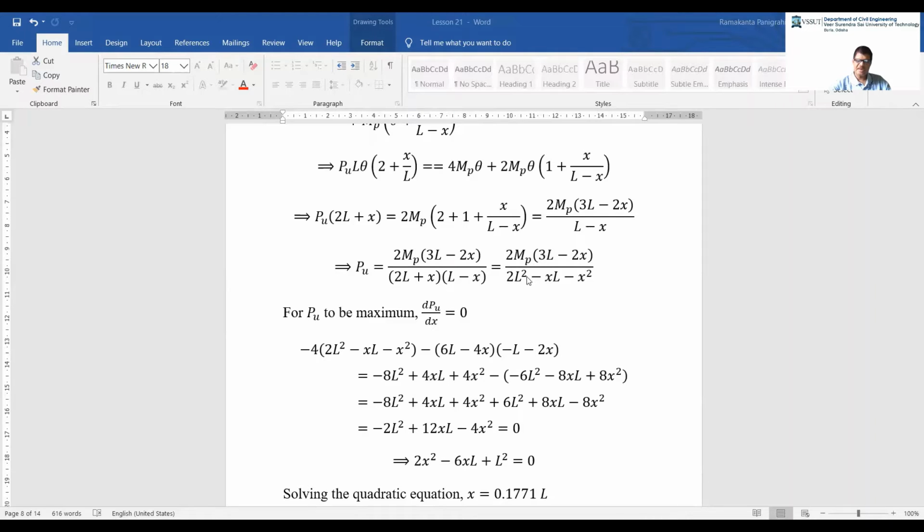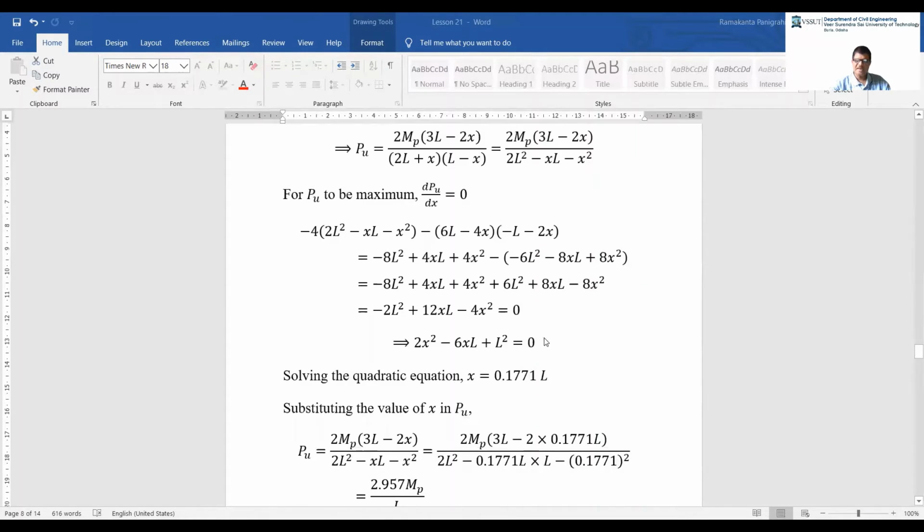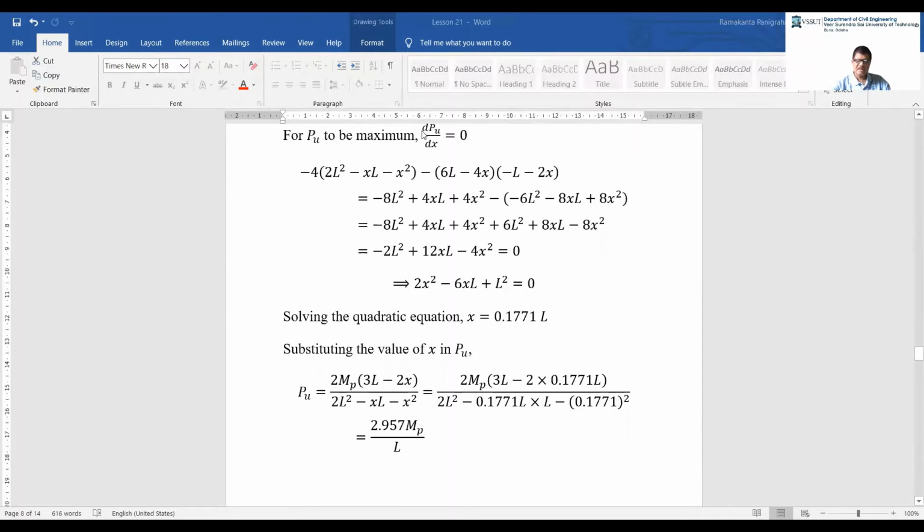So du by dx, that is minus 4 into this v minus u, this 6L minus 4x dv, and when you multiply this will be 0. Right? So you can calculate this value. Finally, the value of x comes out to be 0.171L.